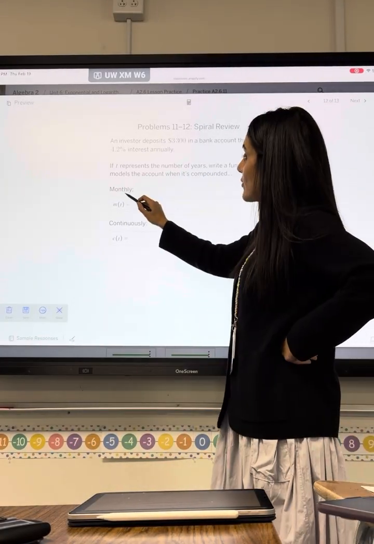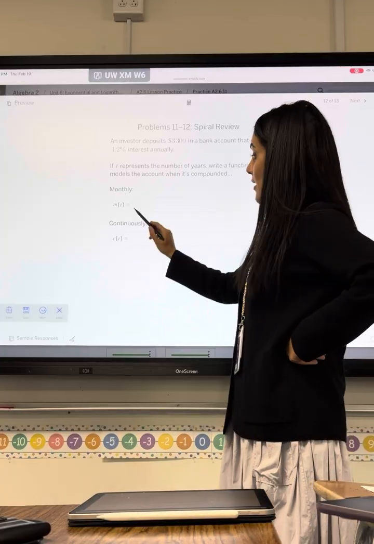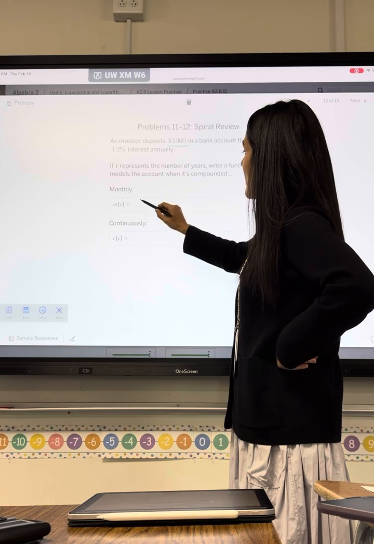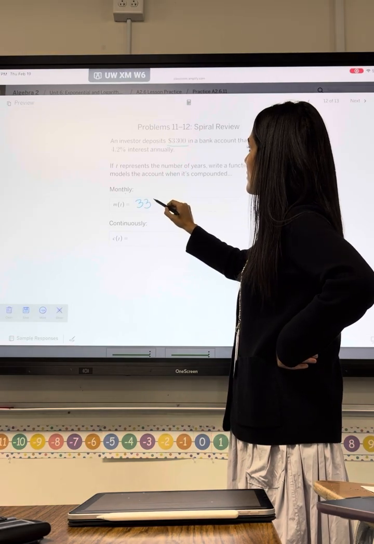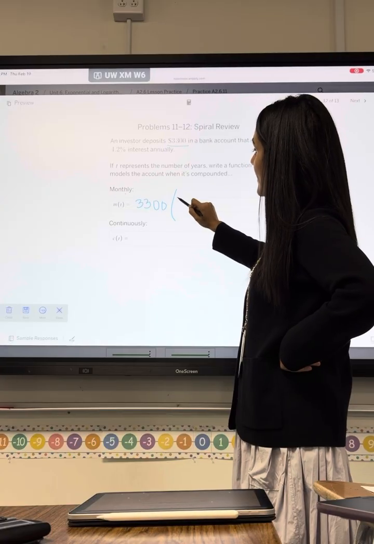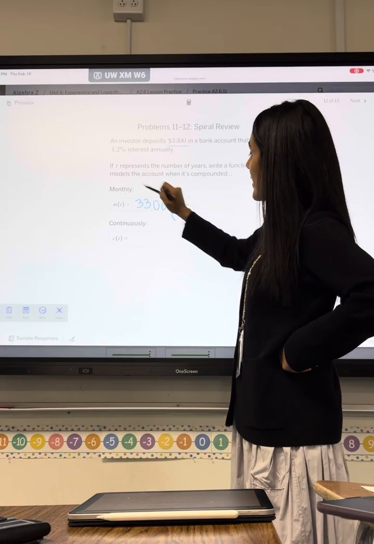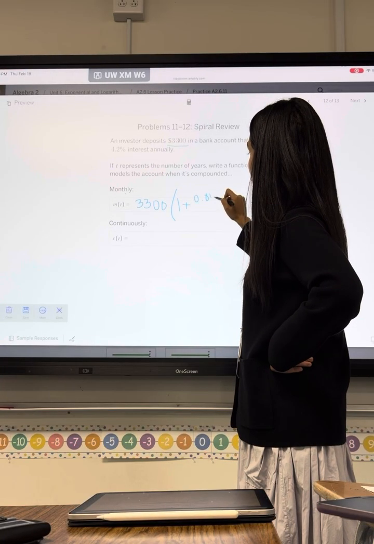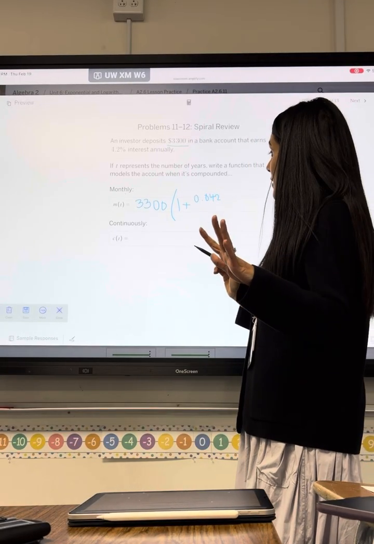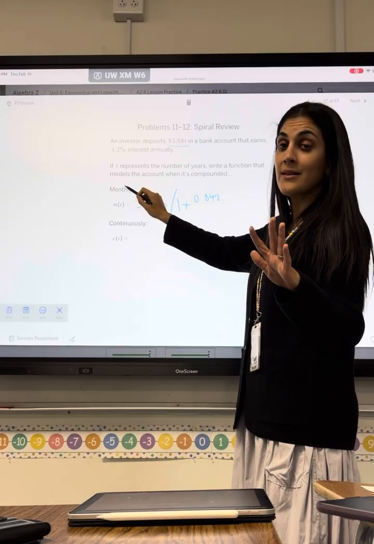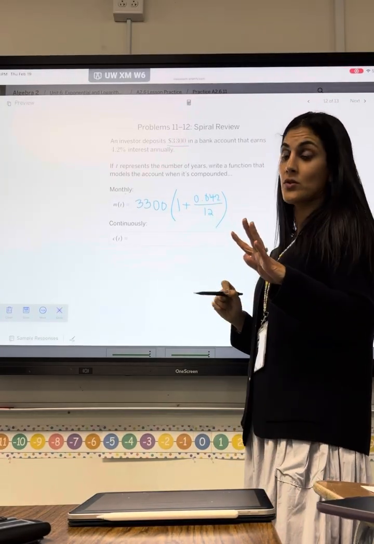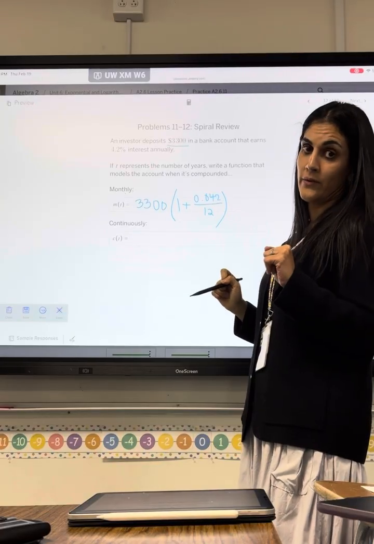When we're compounding anything other than continuously, we'll always begin with our starting amount. But then we'll have to multiply it by 1 plus our rate, which is 0.042. But if I'm compounding monthly, then I'm gonna get 1/12 of that each month. So then I have to divide that rate by 12.